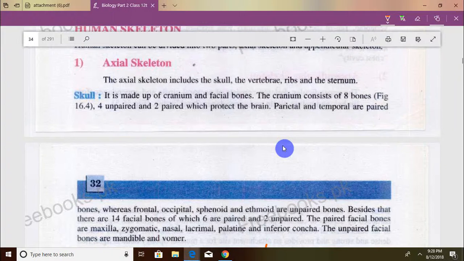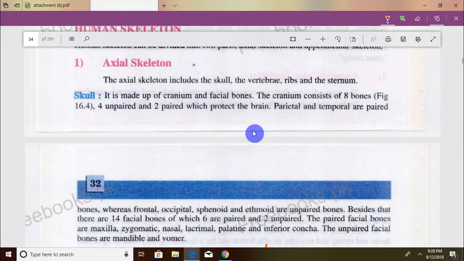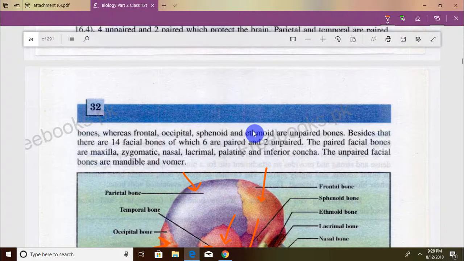So we have 14 facial bones. Of these, 6 happen to be paired and 2 are unpaired. So what are the names of the 6 paired? If we talk about them in terms of the division, which ones are unpaired?